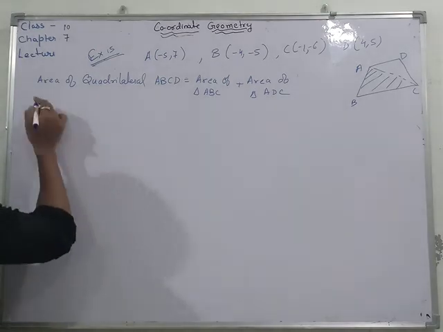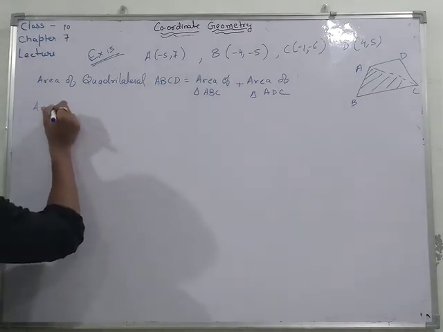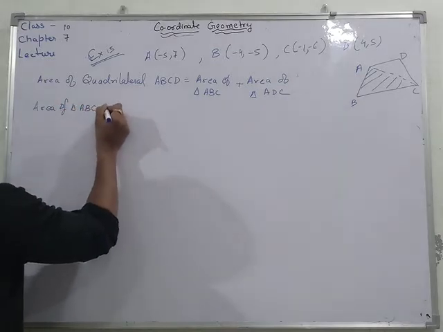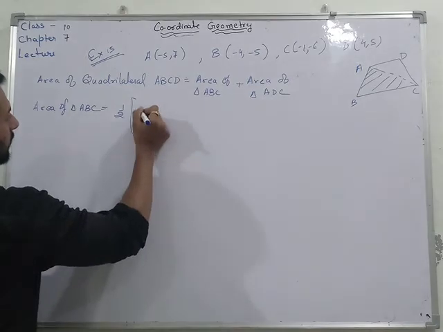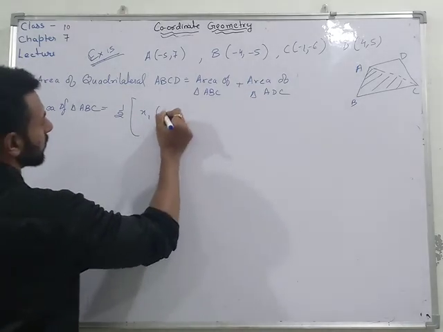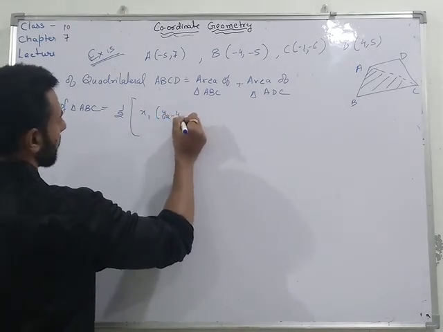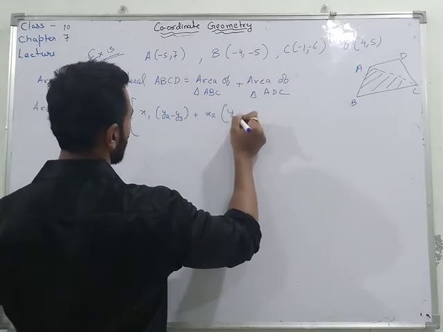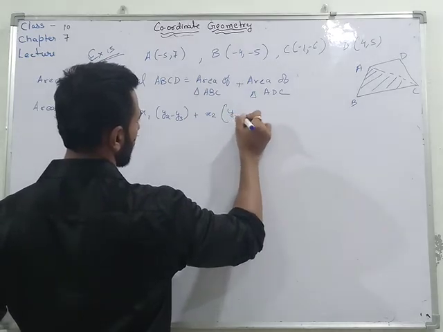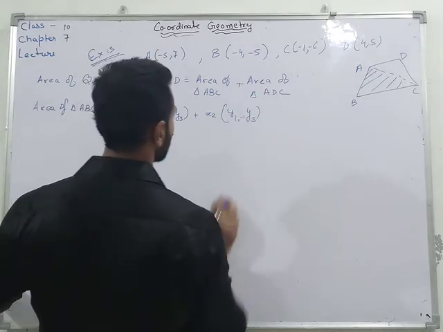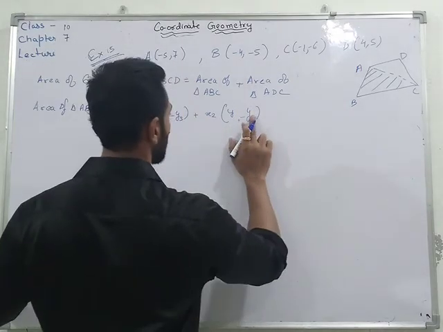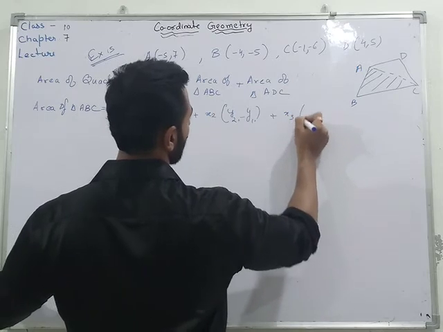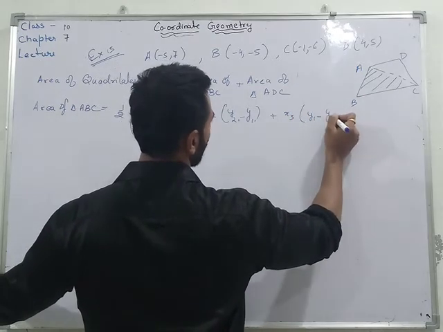Now first identifying the area of triangle ABC is equal to half x1 (y2 minus y3) plus x2 (y3 minus y1) plus x3 (y1 minus y2).